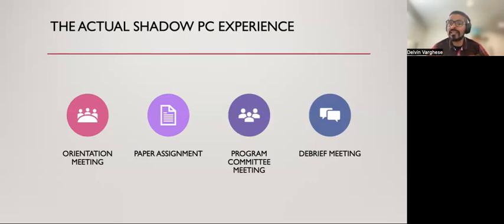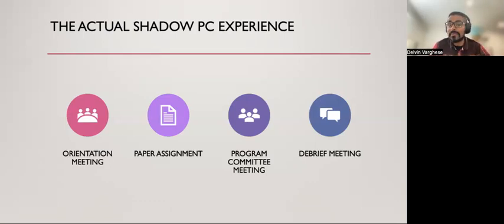We had already received consent from the authors of these papers, and participants took turns playing different roles: a regular reviewer, a second associate chair, and a first associate chair. This allowed them to have experience across the different program committee roles.